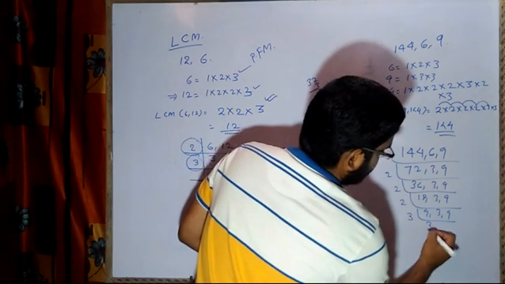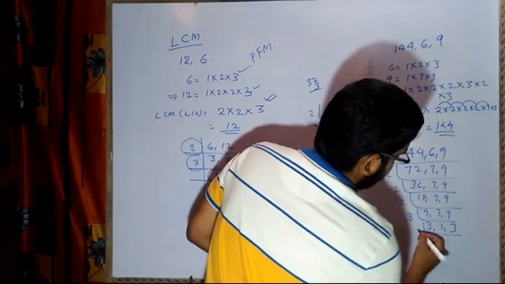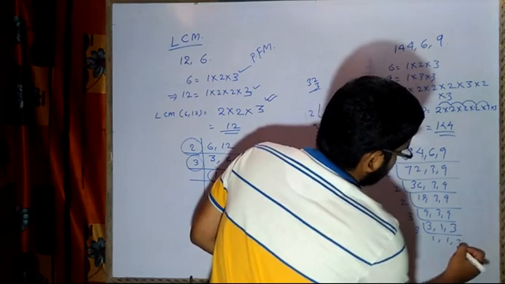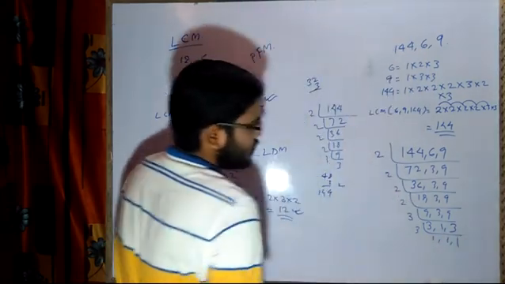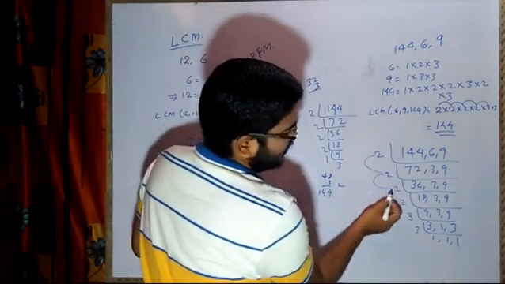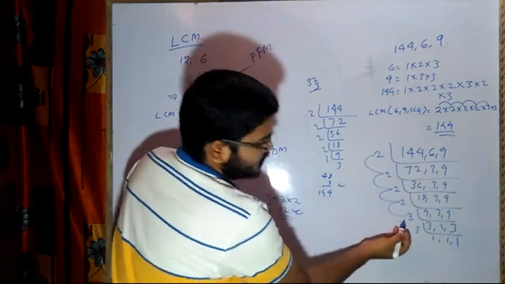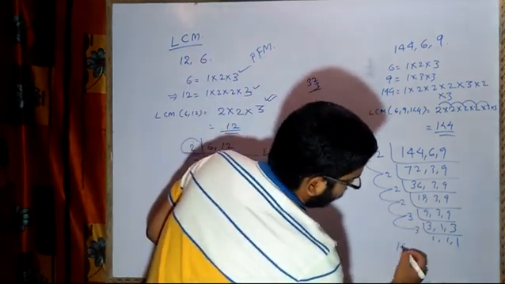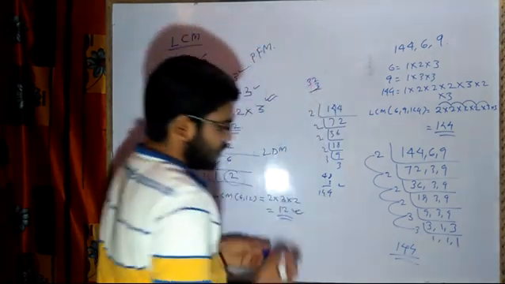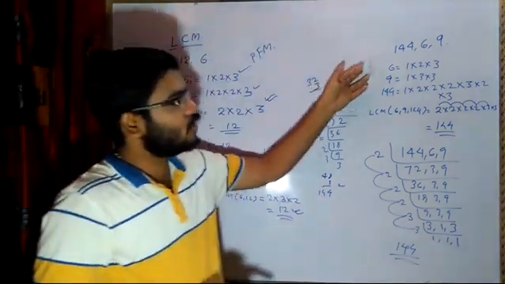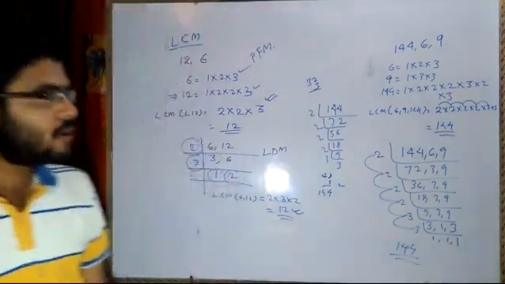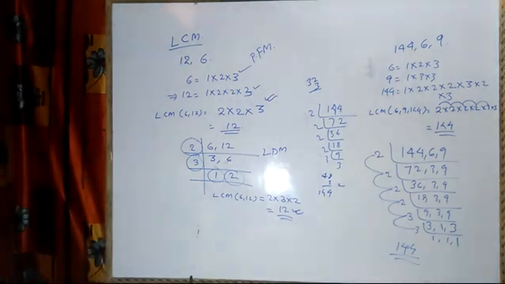Then 3 3s are 9, 3 1s are 3, 3 3s are 9. 3 1s are 3, 1 and 3. 3 1s are 3. Now you see 2 2s are 4, 2s are 8, 2s are 16, 3s are 48, 3s are 144. Again you got the same answer in the long division method also. So in this way you are going to calculate the least common multiples of the numbers which are given there.